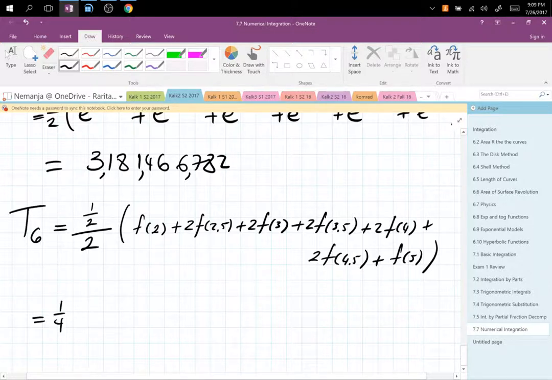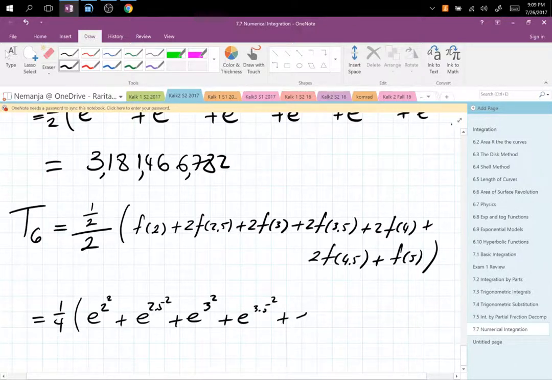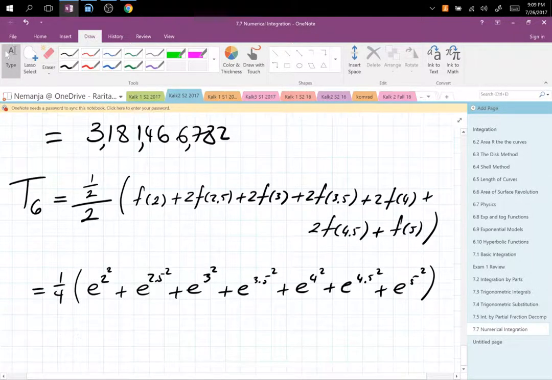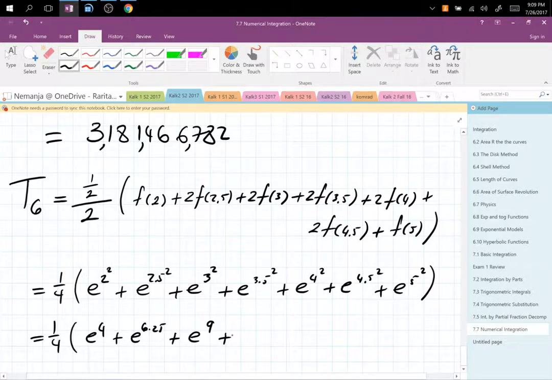So this is 1/4 e to the 2 squared plus e to the 2.5 squared plus e to the 3 squared plus e to the 3.5 squared plus e to the 4 squared plus e to the 4.5 squared plus e to the 5 squared. E to the 4th plus 6 e to the 6.25 plus e to the 9 plus e to the 12.25.